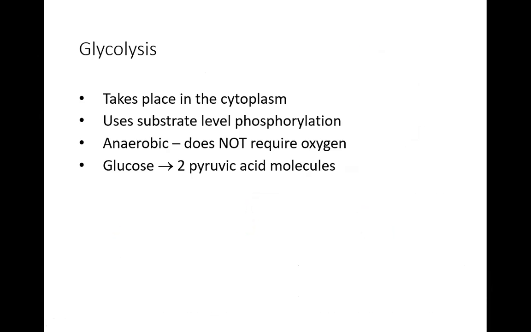So, glycolysis takes place in the cytoplasm. It uses substrate level phosphorylation. It does not require oxygen. It produces 2 pyruvic acid molecules, and one more, so far you have to try to remember all of this.